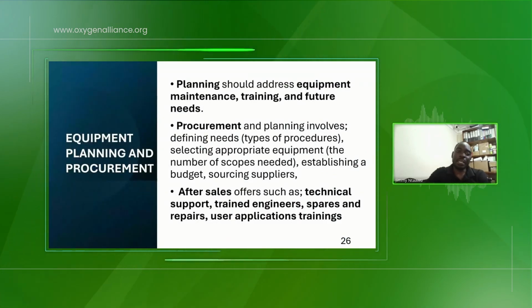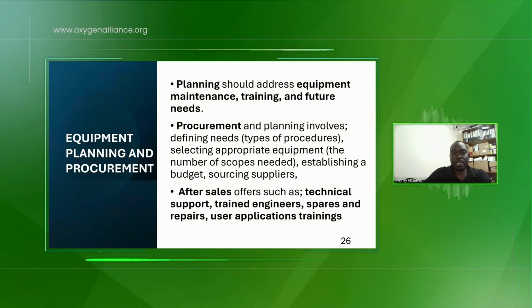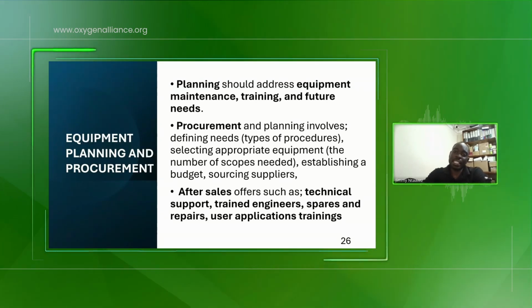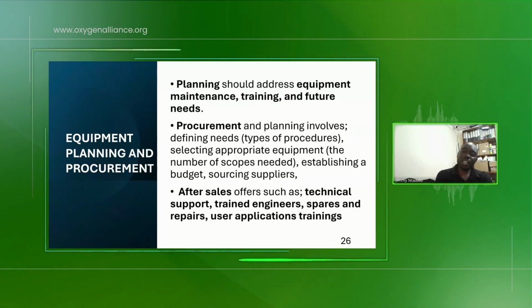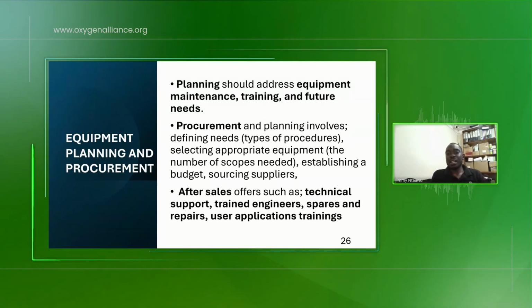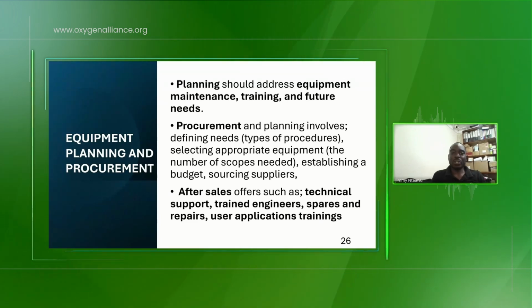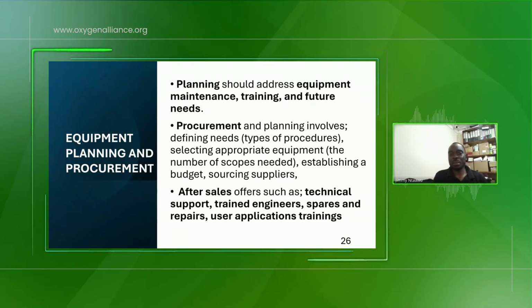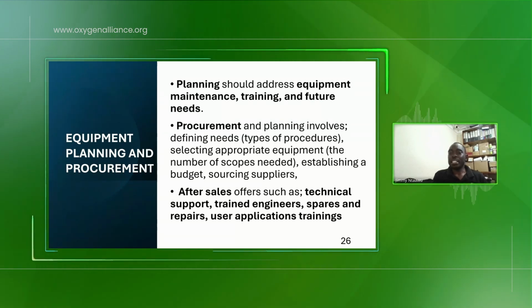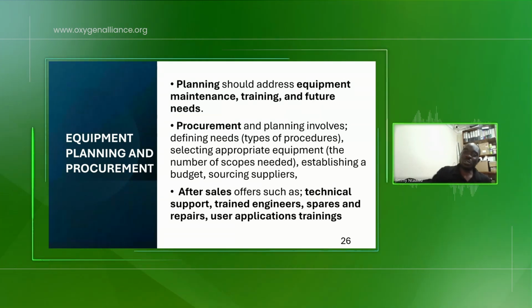So that being said about scopes, we shall look at planning and procurement. Planning is before I buy my tower. What do I need to take note of? Before you go ahead and buy, you need to take note of the equipment maintenance. Is it available from the person who's supplying you the tower? Do they have schedules? Do they have the capability to do so?